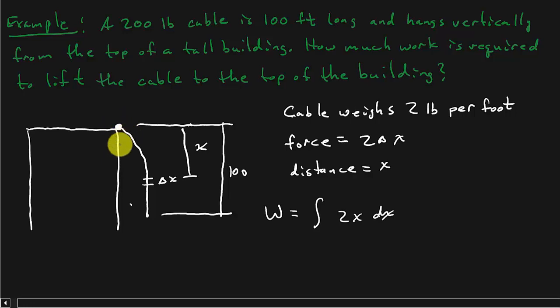So if I have a piece of cable right at the top, how far do I have to pull that up? Well, that's 0 feet. Okay. And then the piece down here at the very bottom, how far does that one have to be pulled up? Well, it has to be pulled up 100 feet. And so there's my limits.